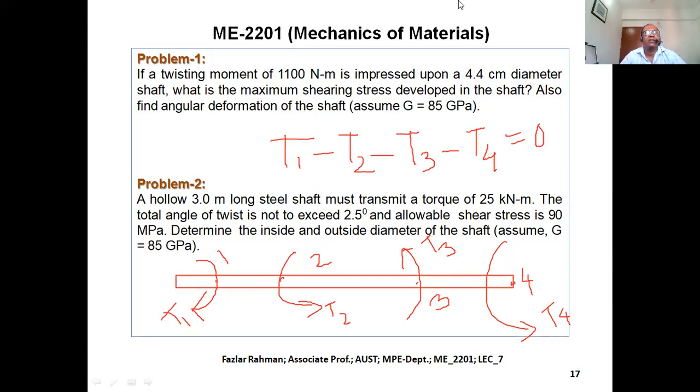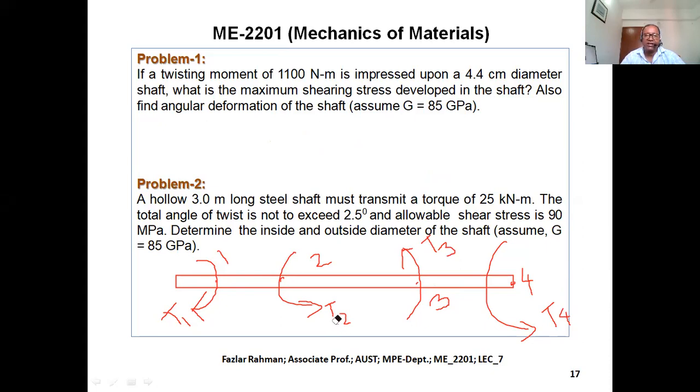Now, I told you how we can figure out the torque diagram. So the torque diagram is kind of like the bending moment diagram, but it will be different. Now, if I say figure out the shear stress in this shaft, it cannot be figured out because you don't know which torque to take. T1, T2, T3, or T4? You don't know.